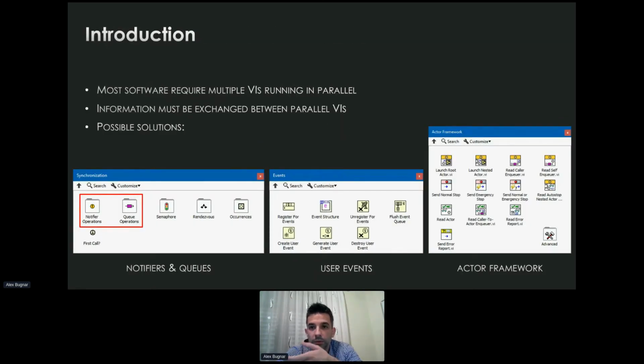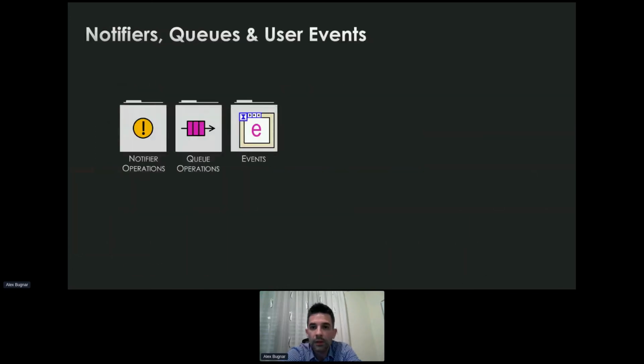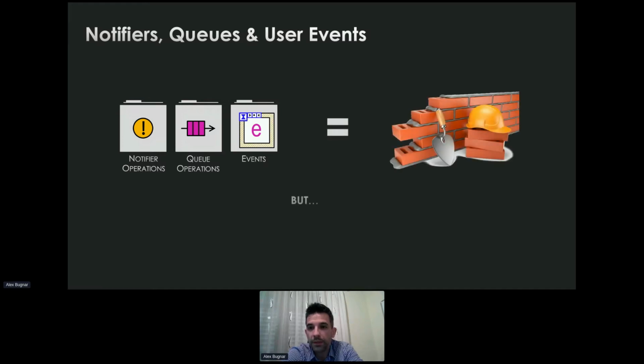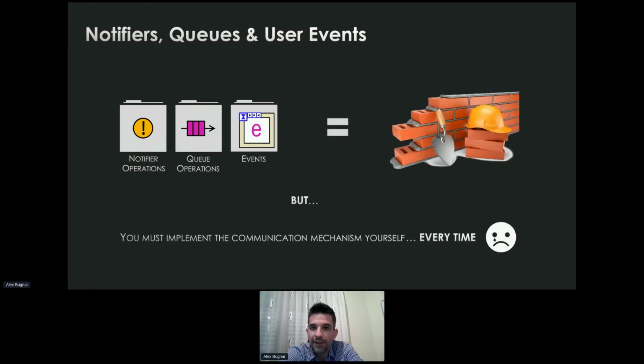The out-of-the-box tools that we have in LabVIEW are notifiers and queues, user events, and the actor framework for this purpose. Notifiers, queues, and user events are the basic building blocks for such functionality, but you must implement the communication mechanism yourself, and you have to do it every time for each new software.